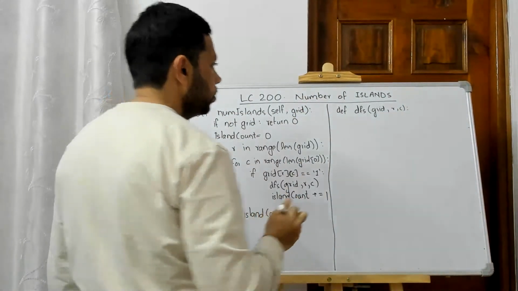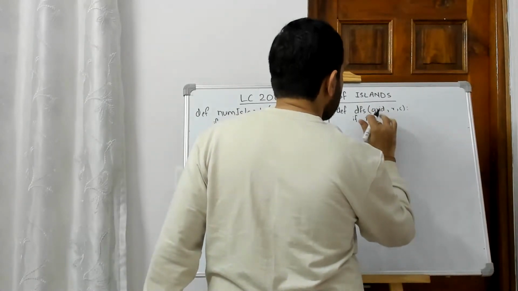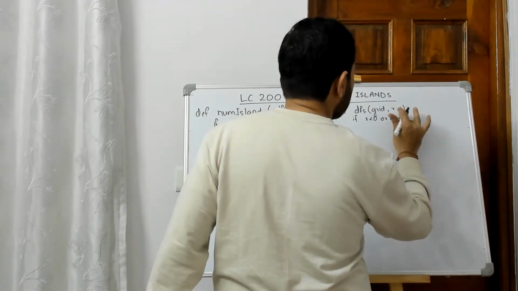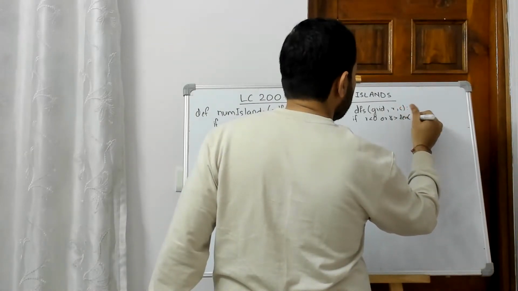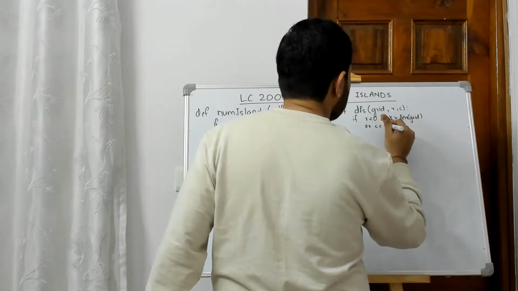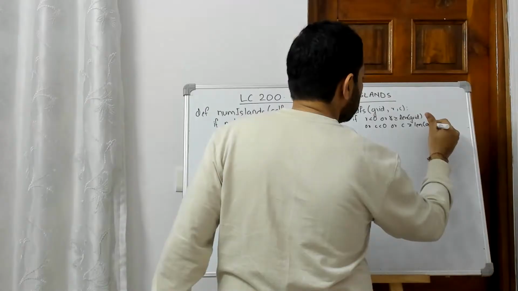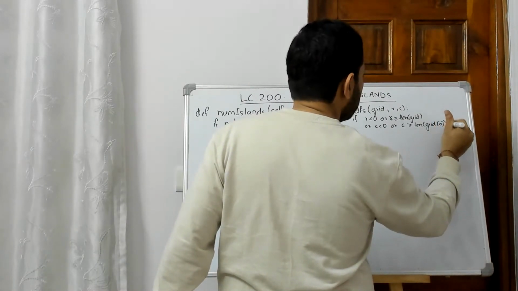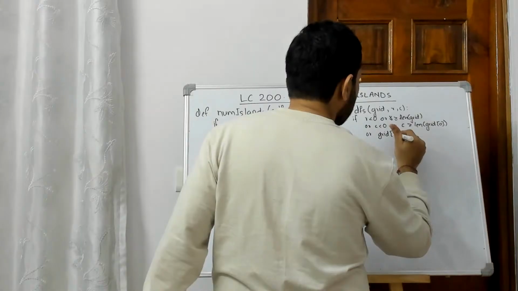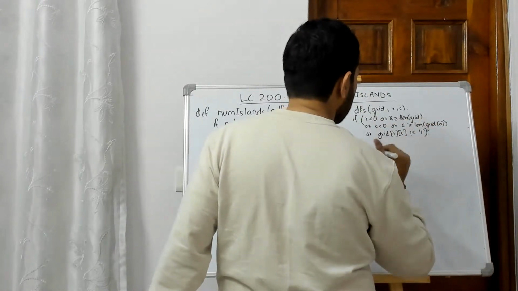For this row and column, first thing you do is if row less than 0 or row greater than or equal to length of grid, or column less than 0 or column greater than or equal to length of grid[0], or grid of RC not equal to 1, if any of these conditions is true, you return.